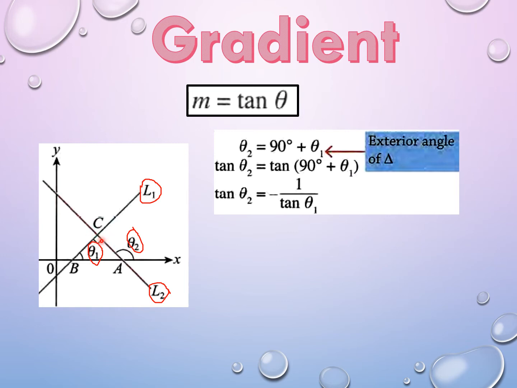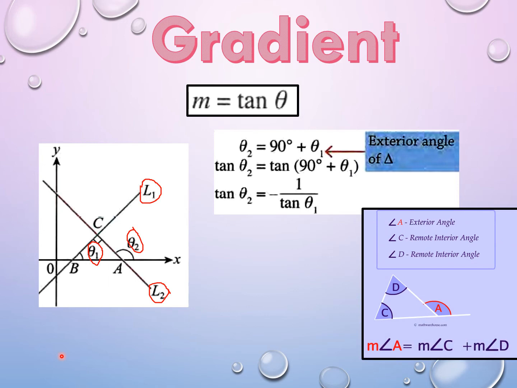This is a formula that you will have learned: the exterior angle. The exterior angle is the sum of the two opposite interior angles. Exterior angle equals the sum of the opposite angles.